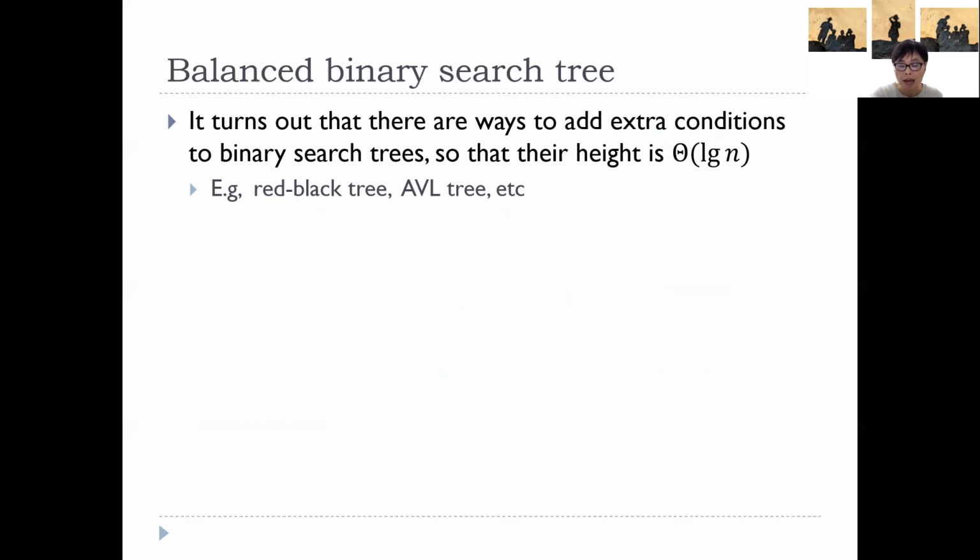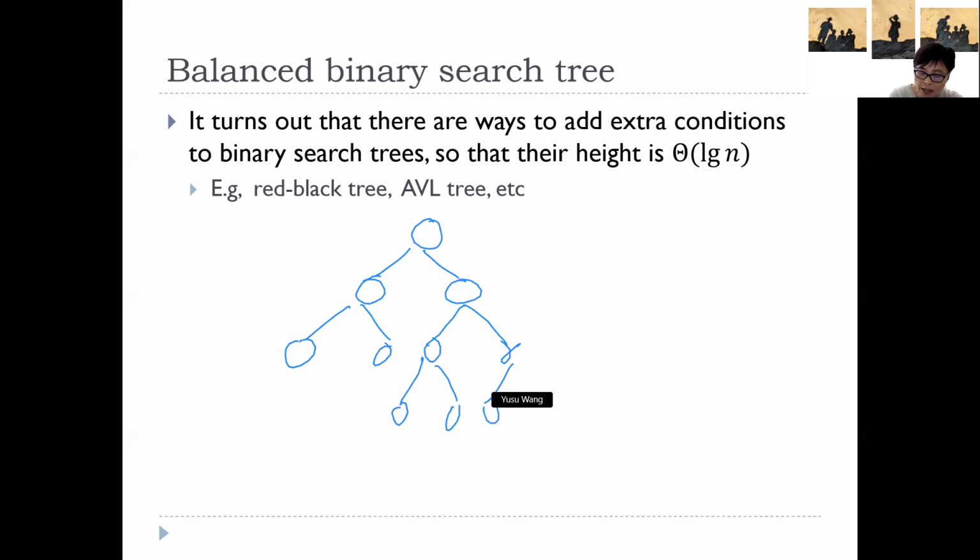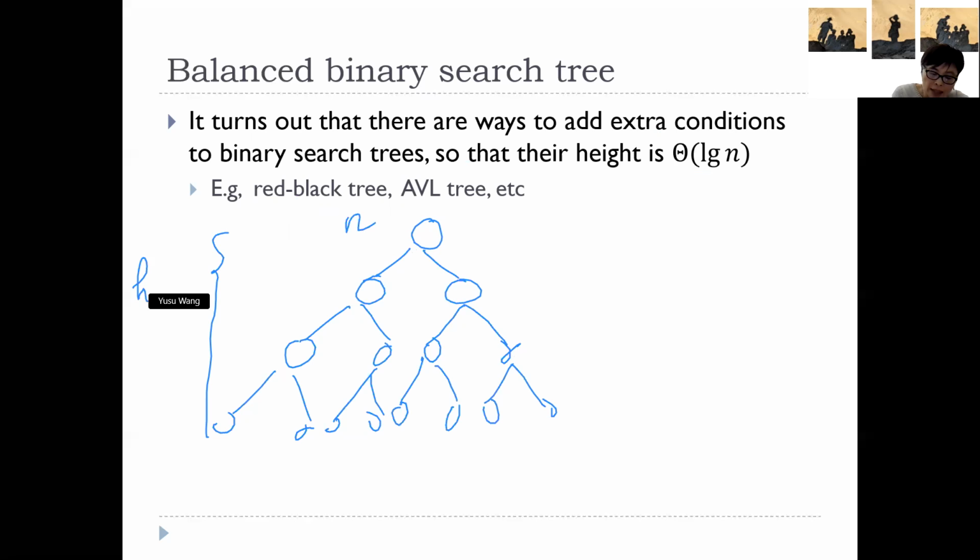Imagine that I give you a very nice balanced binary search tree. In fact, in this case, let's say that it's actually complete. So this is a very nice tree. Let's say I have n elements inside, and right now the height is log n.